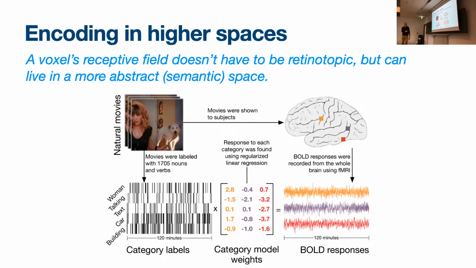Here they have a design matrix that is 120 minutes wide and 1,705 regressors tall. But you can do a similar analysis again with this penalized regression, and then you just fit what every voxel likes. What concepts does every voxel like? You had a question?